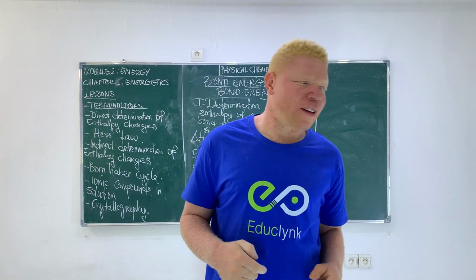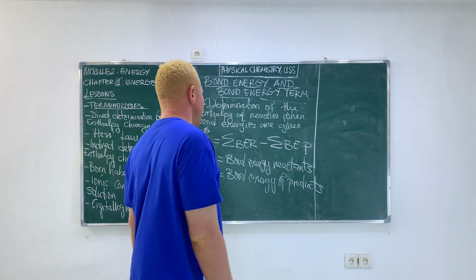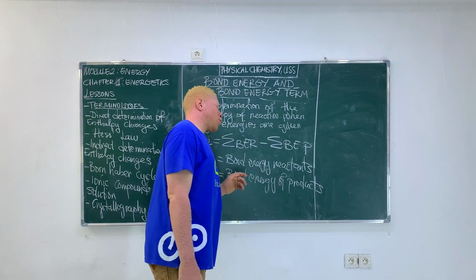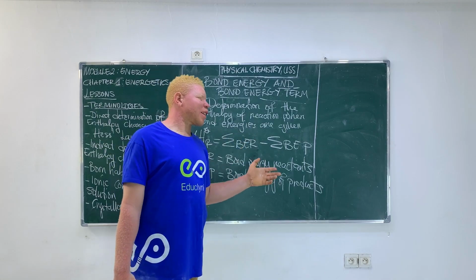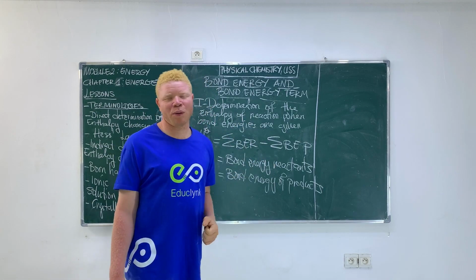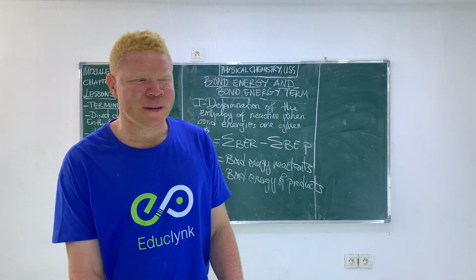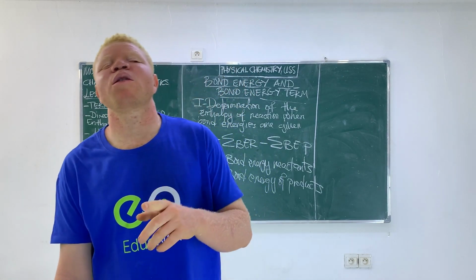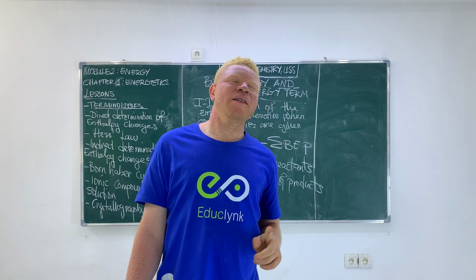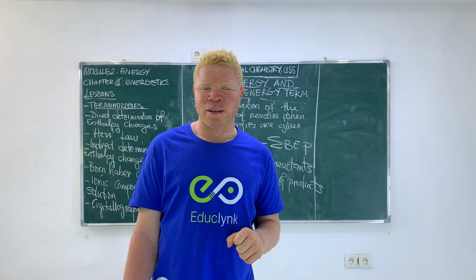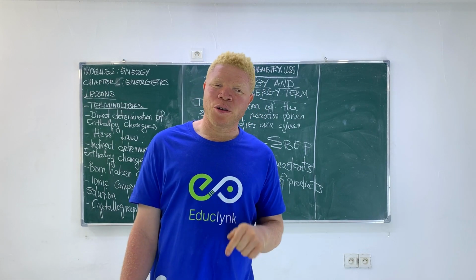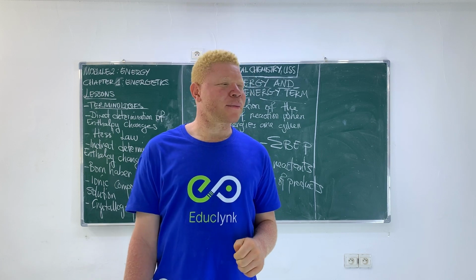You have to make use of it. The enthalpy of reaction equals summation bond energy of reactants minus summation bond energy of the products. Do you know how to apply this? Also here we're going to make use of the stoichiometric relationship. Very important.